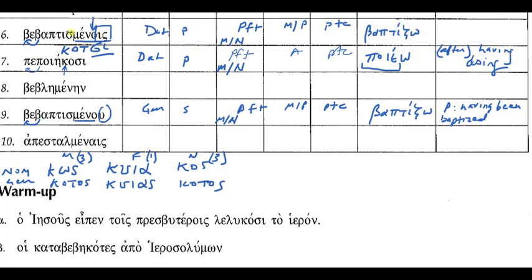And if you went and looked in your chart of the principal parts that you have in your appendix, which column would you look for to find the perfect middle passive indicative first singular of baptizo? You'd go to the 5th column. So let's take a look at that real quickly, just to show you how helpful this chart can be. Okay, so you see bebaptismai there? So that's in your 5th column, right?